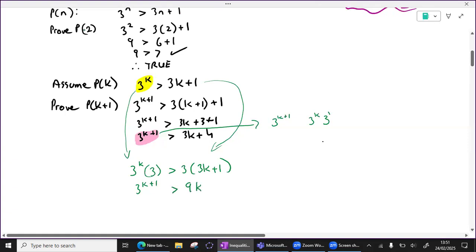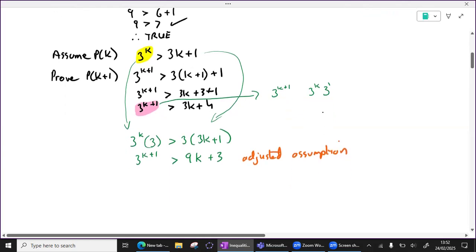And I just tidy this up a little. So 3 by 3 is 9. 9k plus 3 times 1 is 3. Now, this is what I call my adjusted assumption. So we started with an assumption, but now we have adjusted it. We've changed it. To finish it, we need to write the following.